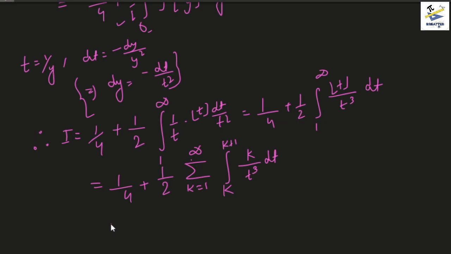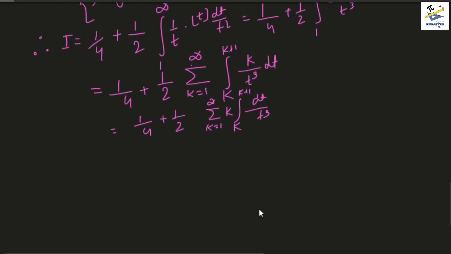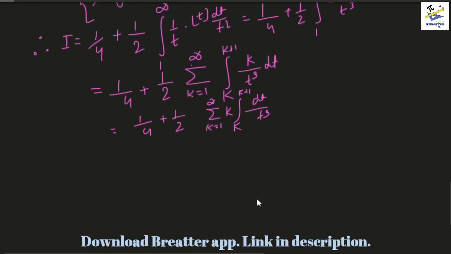Okay, so it becomes 1 by 4 plus 1 by 2 into the summation k equals 1 to infinity of the integral from k to k plus 1 of k into dt by t cube. So dt by t cube has an antiderivative of minus 1 by 2t square.